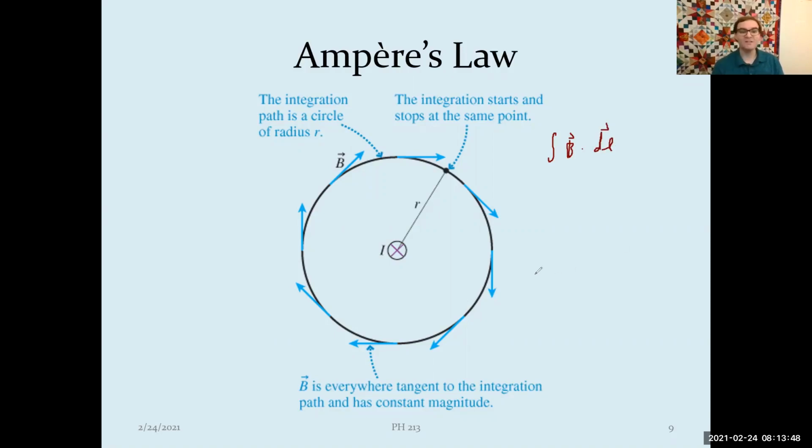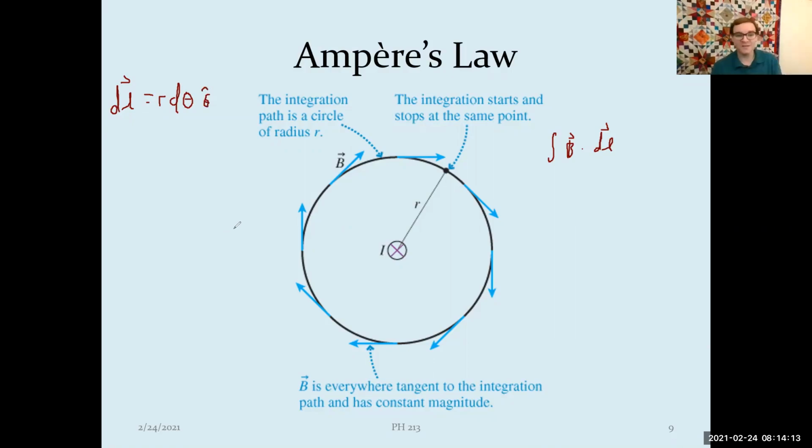Then the dot product here is super simple because dl points in the direction along the path. In fact, if I wanted to, I could write dl as, let's see, a little piece of arc length here is going to be the radius r of the circle times d theta, the little infinitesimal angle in the theta direction, pointing around the circle.